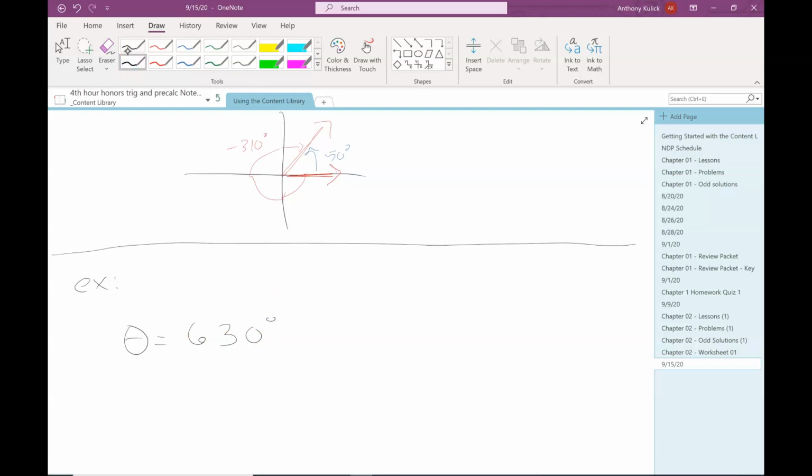So let's say we're drawing a 630 degree angle.